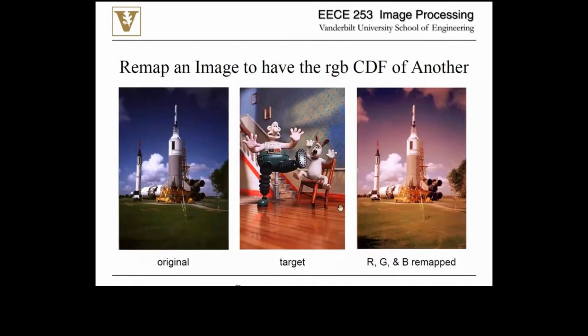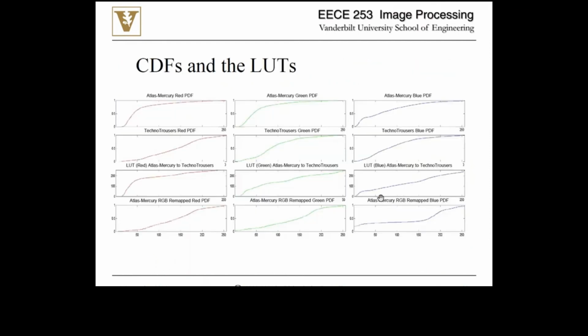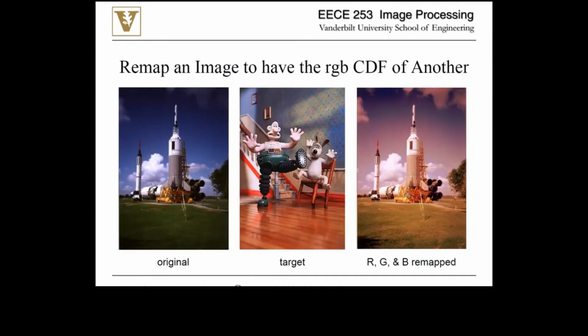And for instance, here we can play a lot with all these tools. We can take an original image, a target image, and then remap each one of the channels independently. So the red to the red, the green to the green, the blue to the blue, and we get this result here.